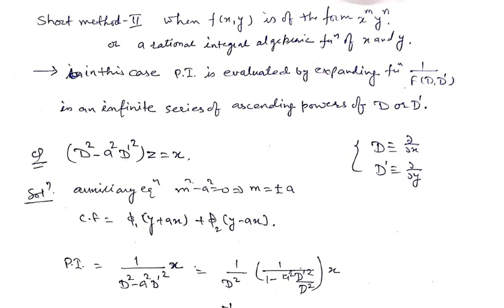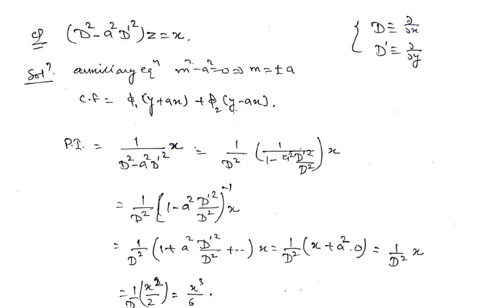By shifting it into the numerator, it becomes 1 upon D square, outside, into (1 minus a square D prime square upon D square) whole power minus 1, over x. Now using binomial expansion, we expand this term into an infinite series. So it becomes 1 upon D square into (1 plus a square D prime square upon D square, plus the next term would be a to the 4 D prime raised to power 4 upon D raised to power 4).